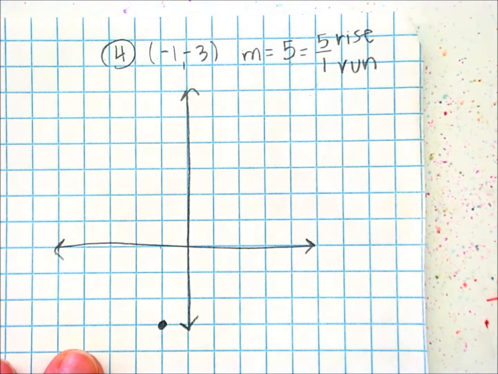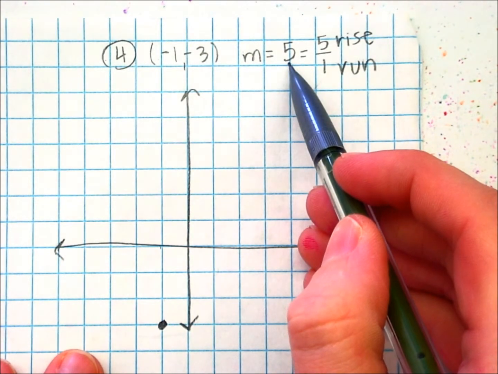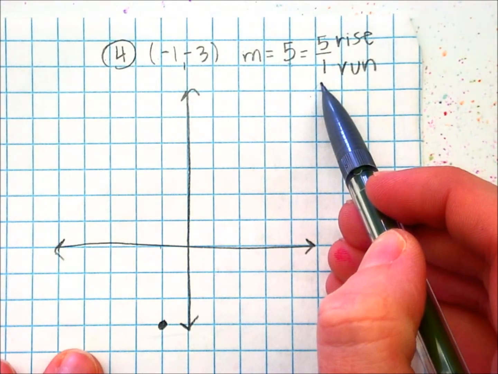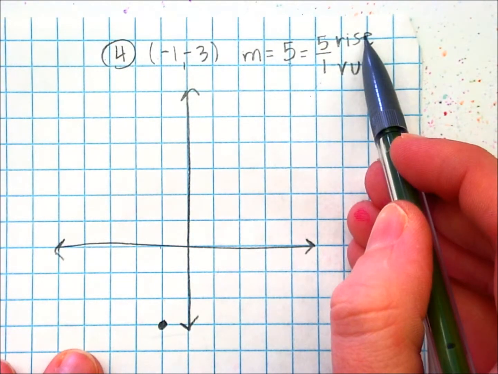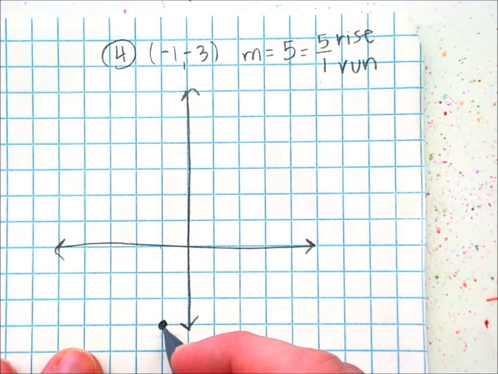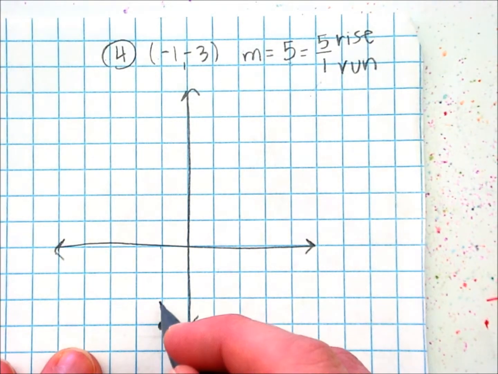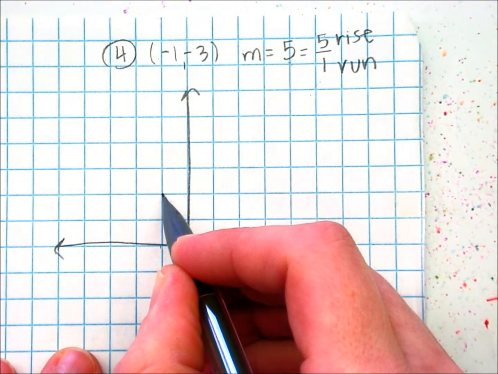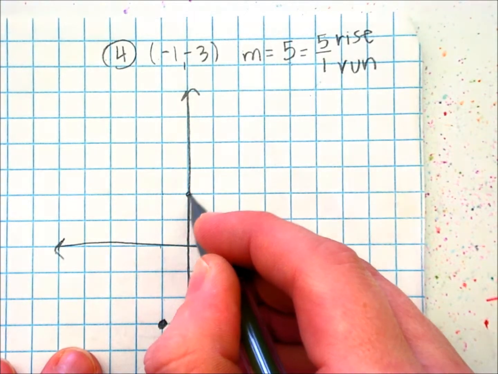So there's the starting point. The slope is 5, but remember we said that can be expressed as 5 over 1. Slope is always expressed as rise over run. So from here I'm going to rise or go up 5 units. And then run to the right 1 unit.